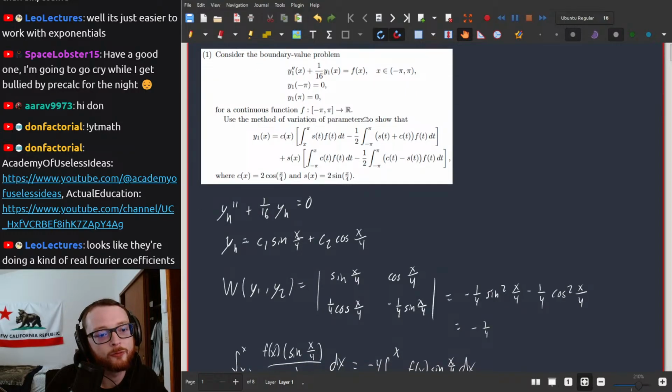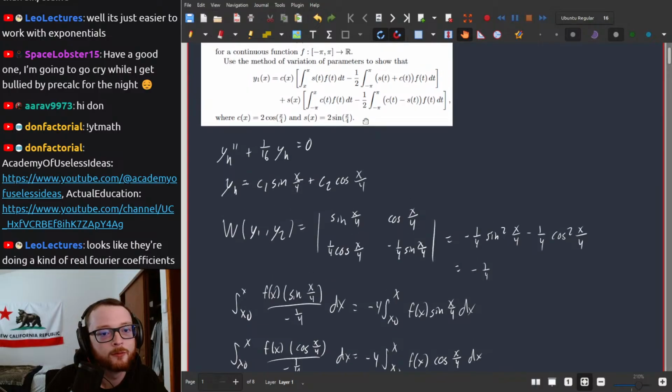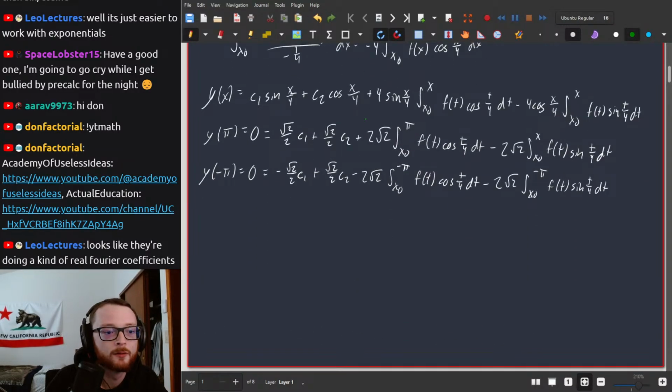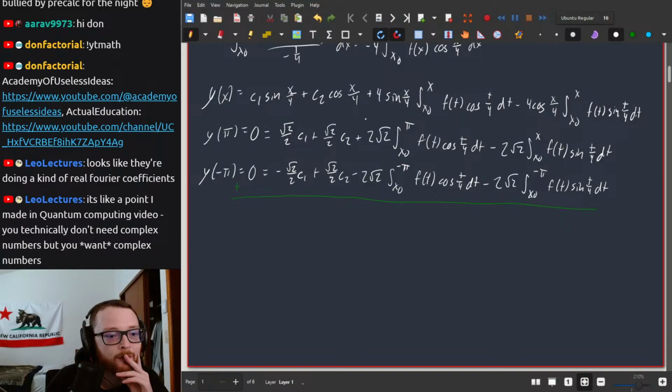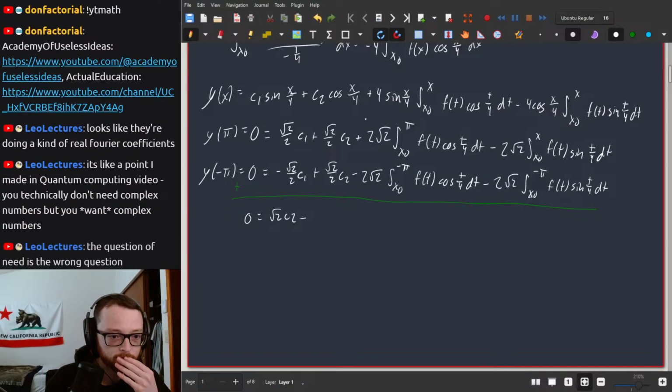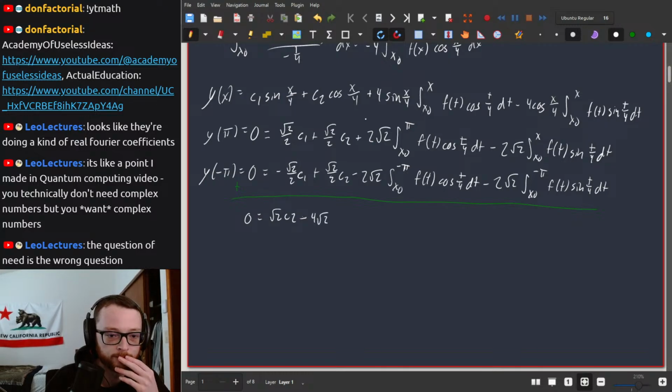Yeah, I guess you could relate this to Fourier, couldn't you? So if we add these two things, 0 equals root 2 c2 minus 4 root 2, integral from 0 to pi of t over 4 dt.